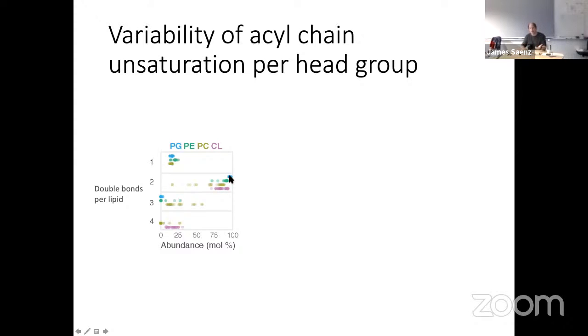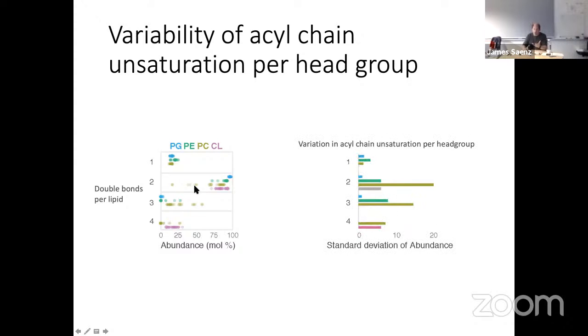We can quantify that, again, by looking at the standard deviation of these values as a measure of variability. So now we're plotting the standard deviation of these values for each head group for 1, 2, 3, and 4 double bonds. And it's very clear. PC, PE are highly variable, PG is not very variable. So this really holds for all of the conditions that we tried.